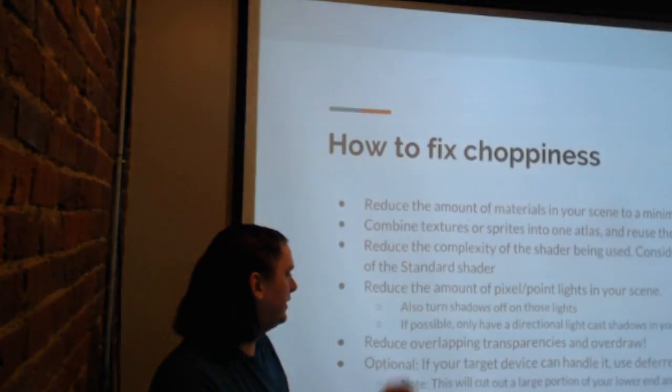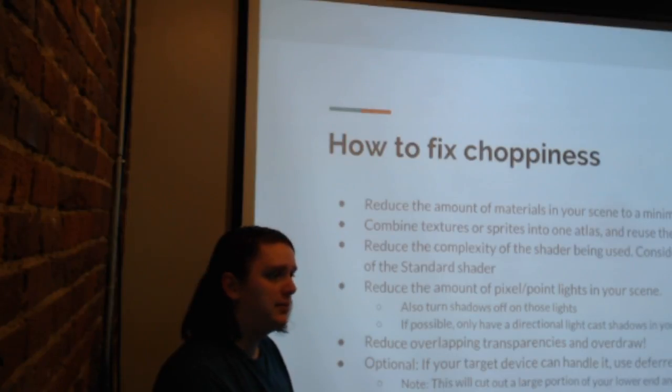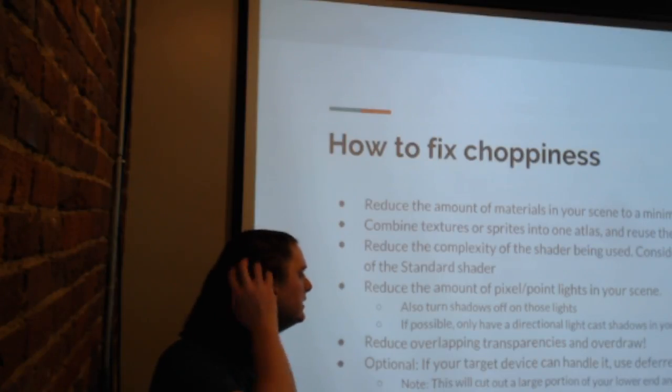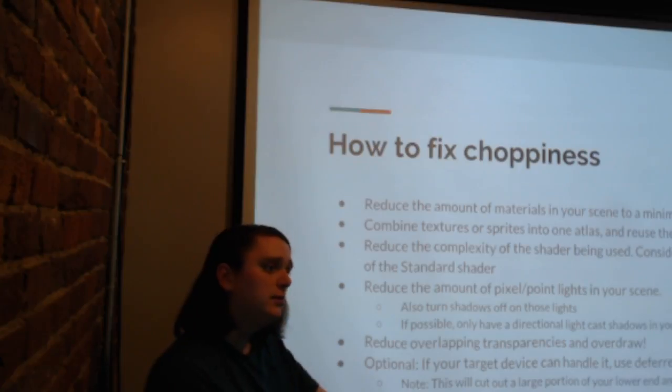But unfortunately it'll cut out a large portion of your lower end devices, and should be offered in the options menu rather than as the default. It's not possible on most mobile devices. I know that the Kindle Fire won't support it.